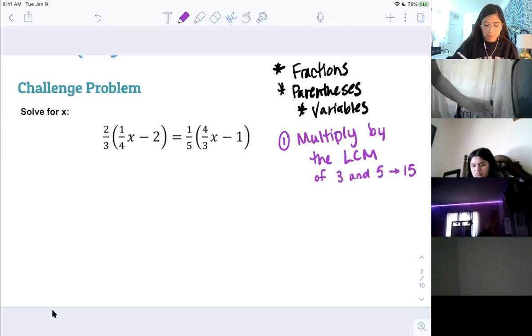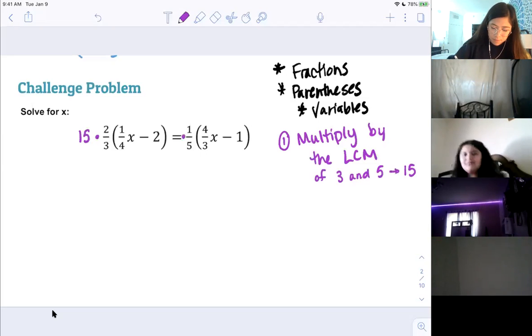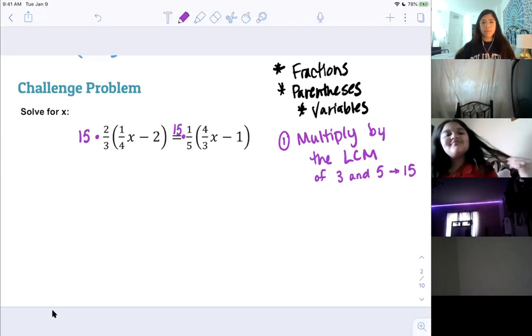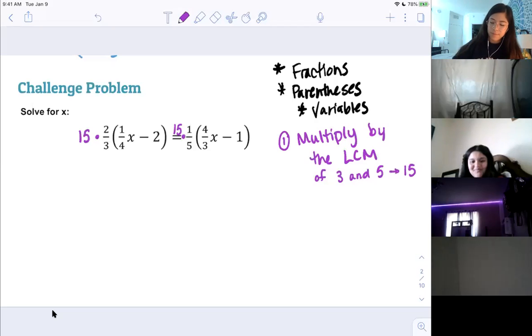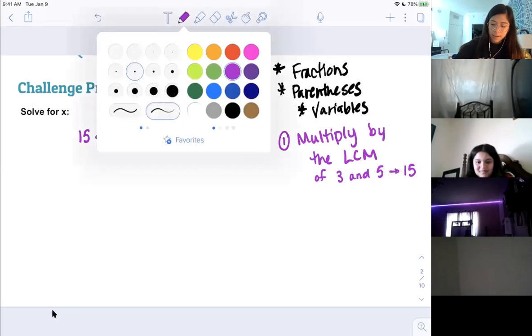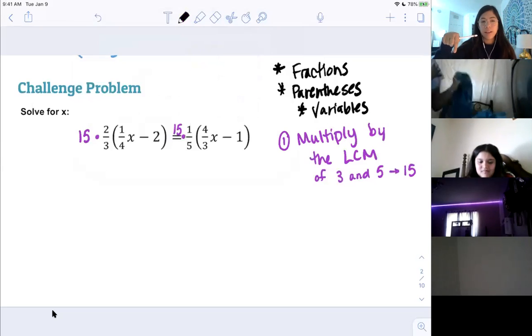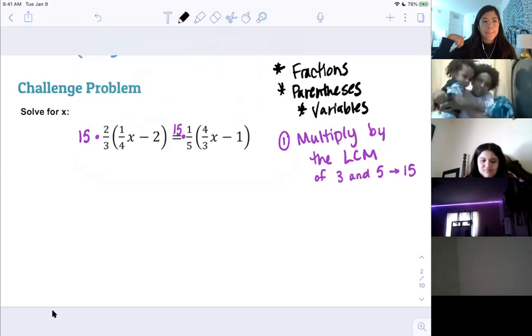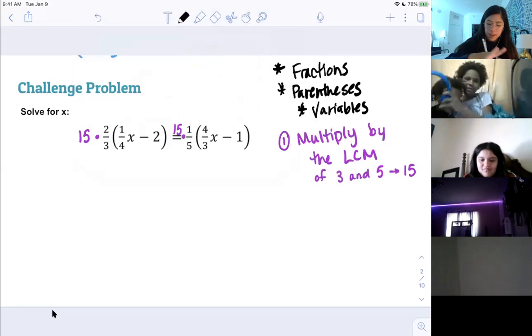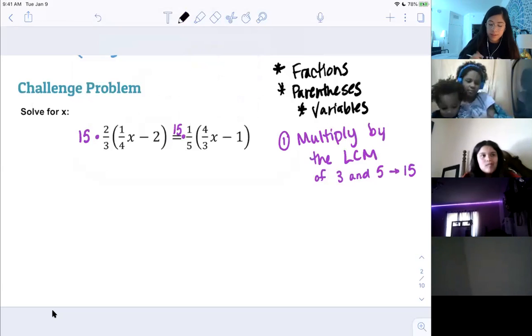So I'm multiplying by 15, step 1. Now, when I do that, does it affect the stuff on the inside or only the outside? Only the outside. It does not touch the inside because they're in their little bubbles, okay?